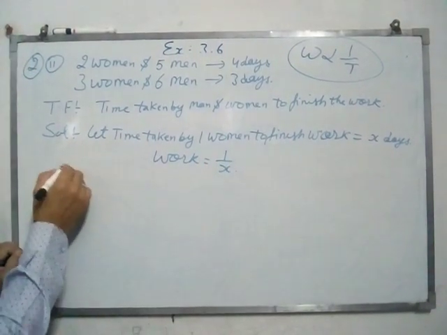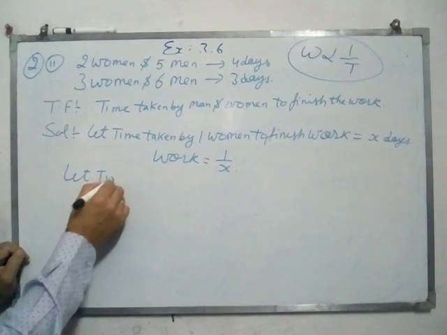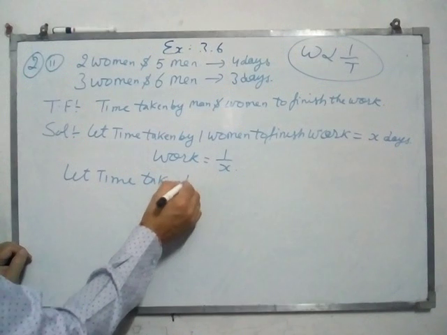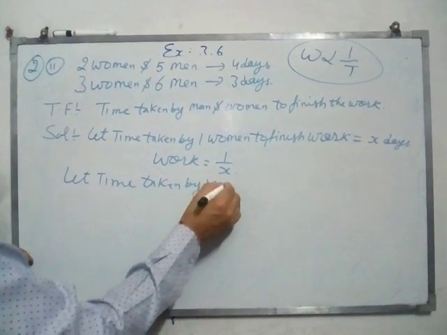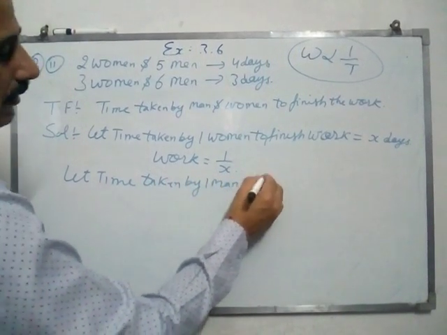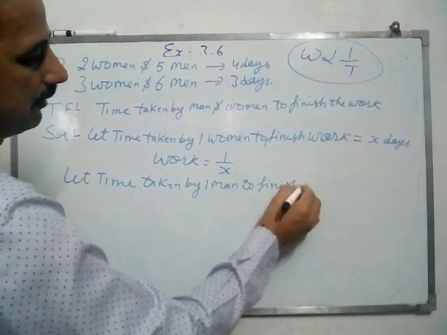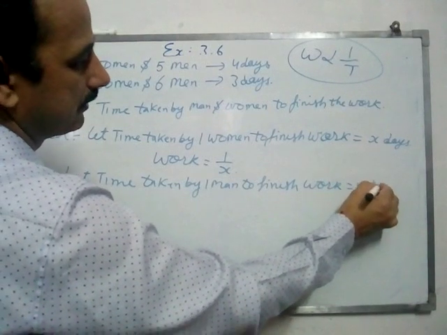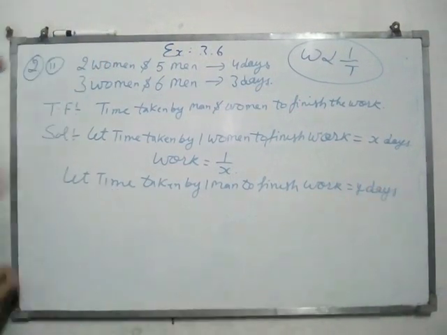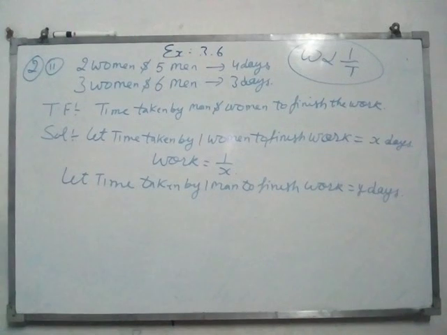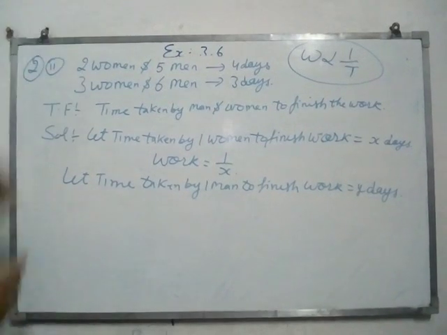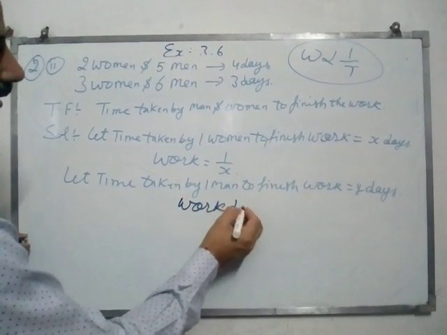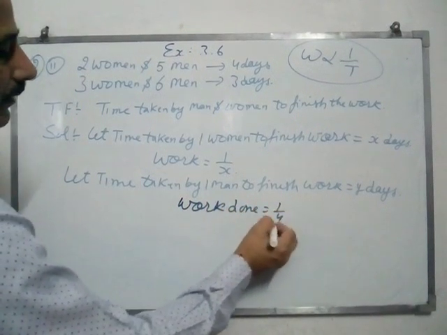Second, we let the time taken by one man to finish the work be y days, right? So the work done is 1 upon y.